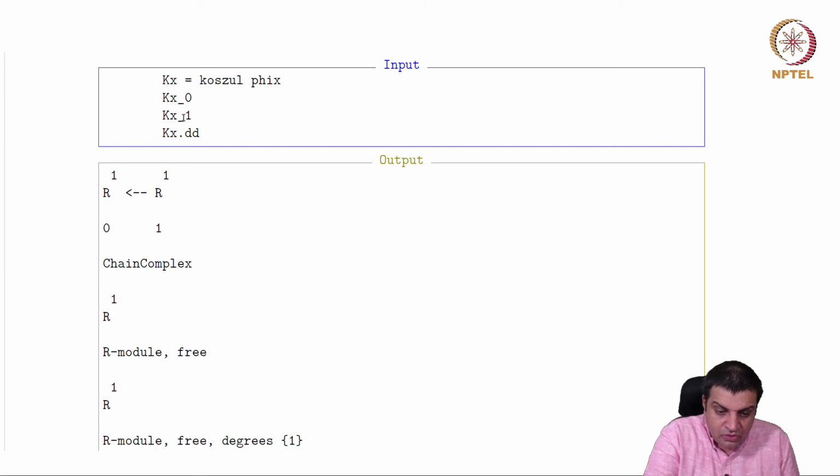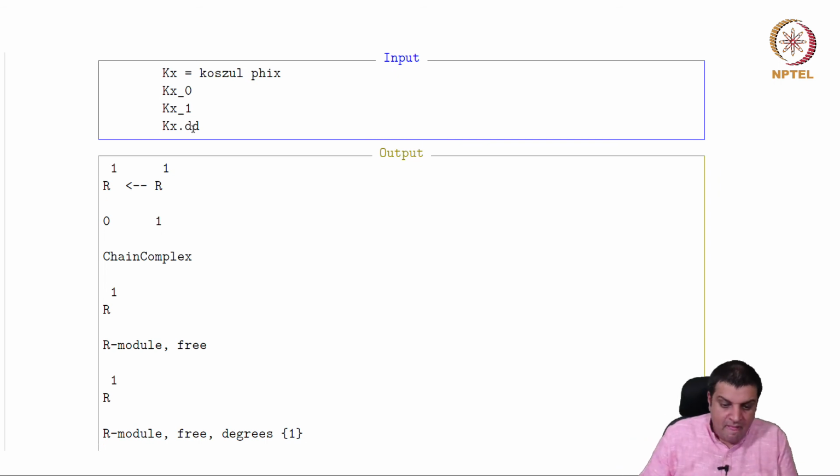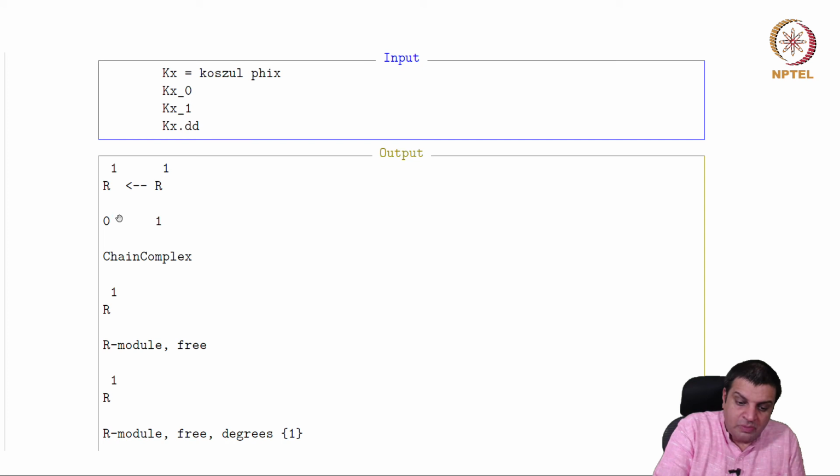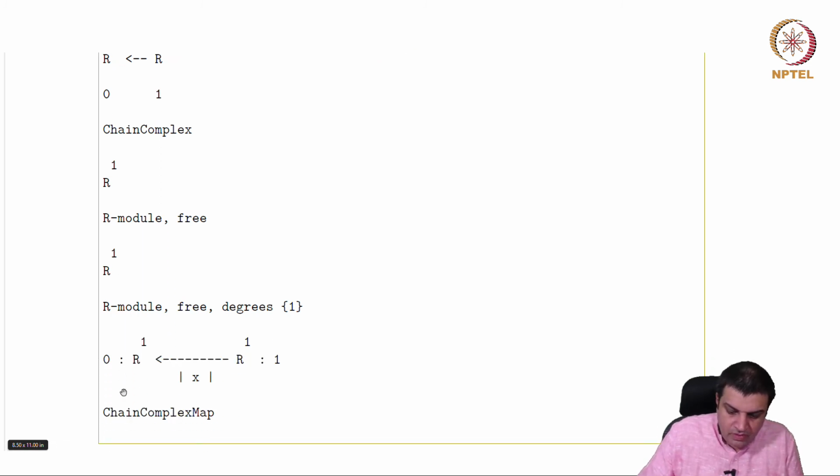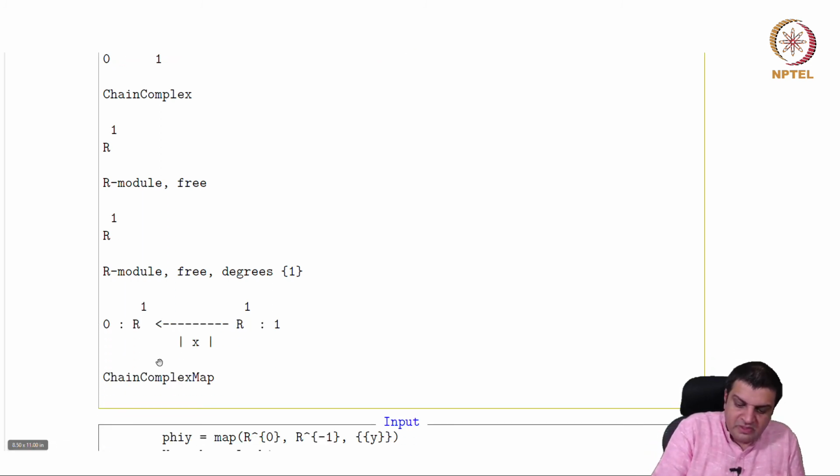Then we ask, so these three commands will tell you the 0th module in the complex, the first module in the complex, and the differentials in the complex, the maps in the complex. Okay, so it showed us this complex 0 and 1. It says the chain complex. First module, I mean 0th module here is R1 free. Second module is R1 free, but the generator degree is 1. Okay, and if you ask for its map, it says this is the map.